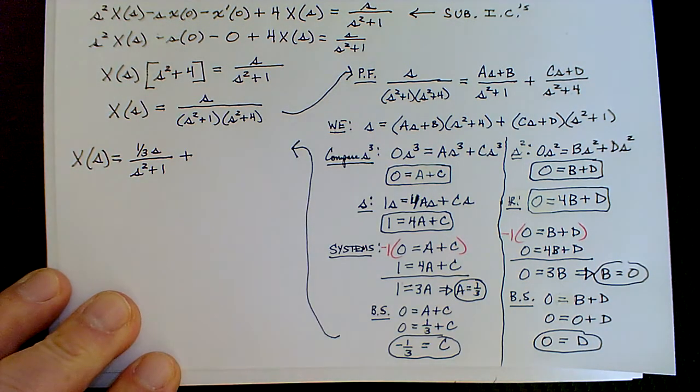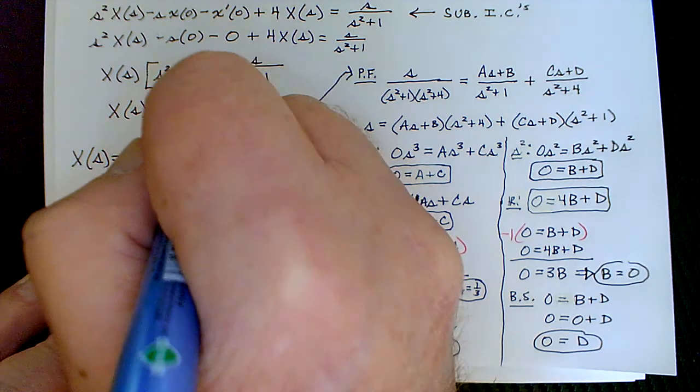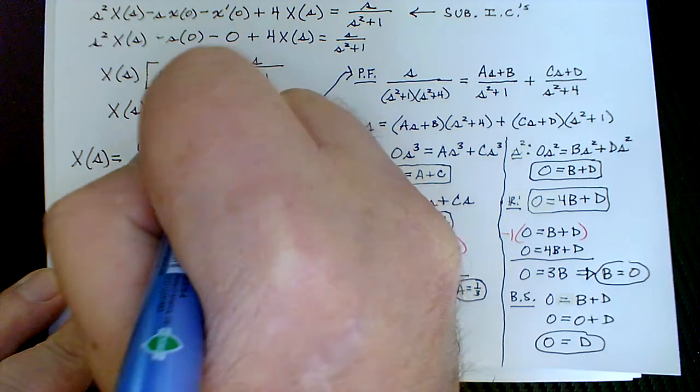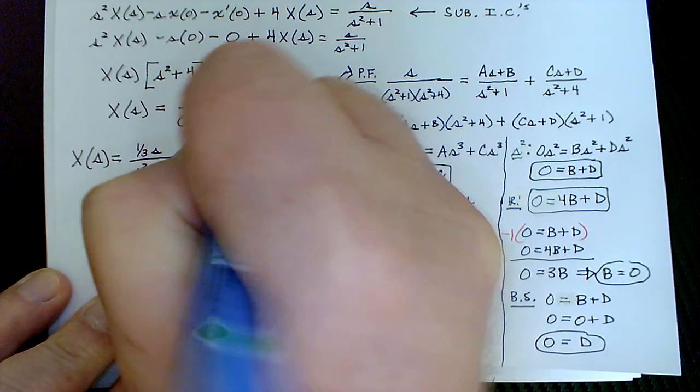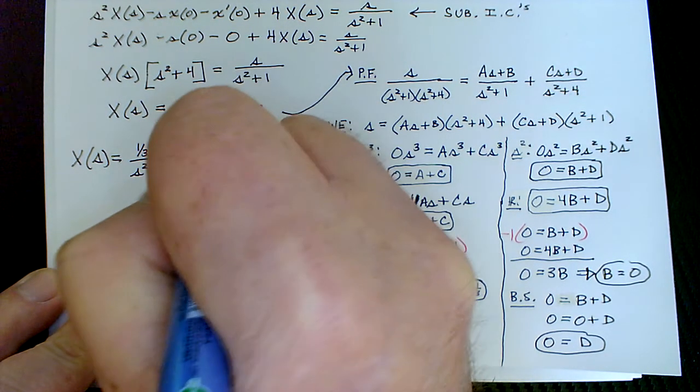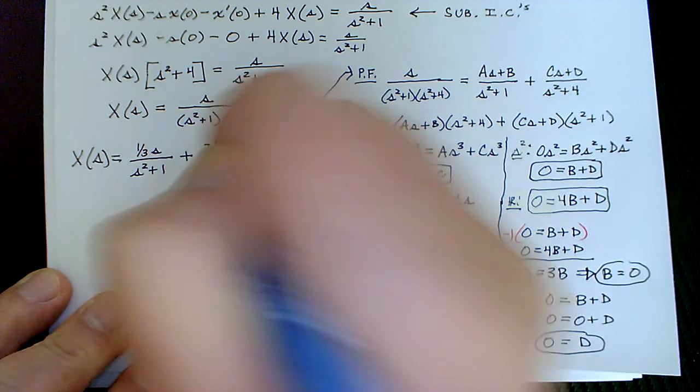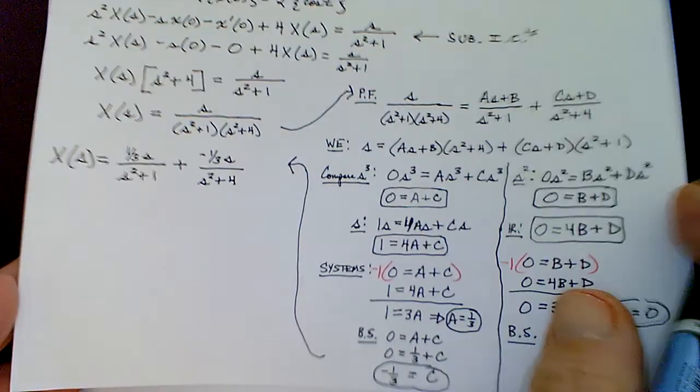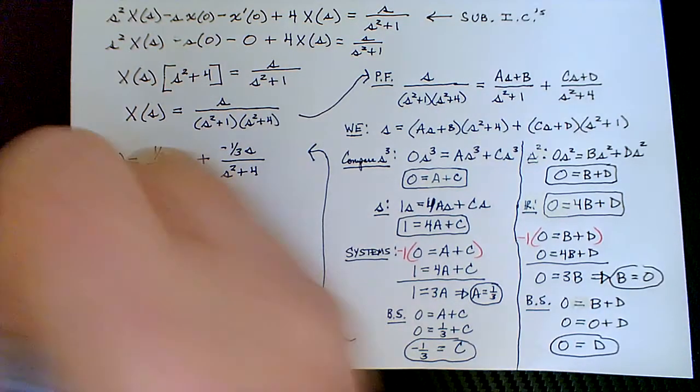And then plus cs plus d, c was -1/3, d is 0, so -1/3 s over s squared plus 4. Okay, so now we're ready for the inverse Laplace to find x of t.